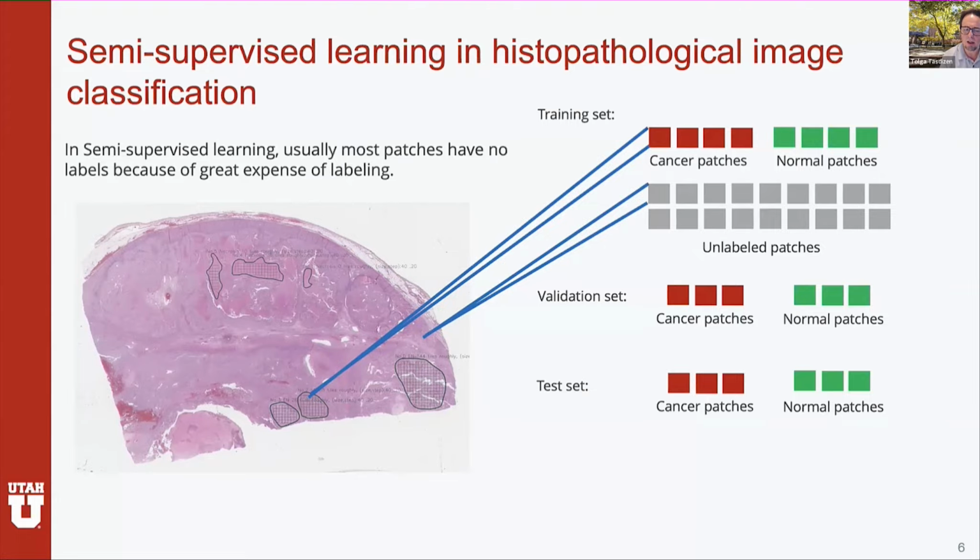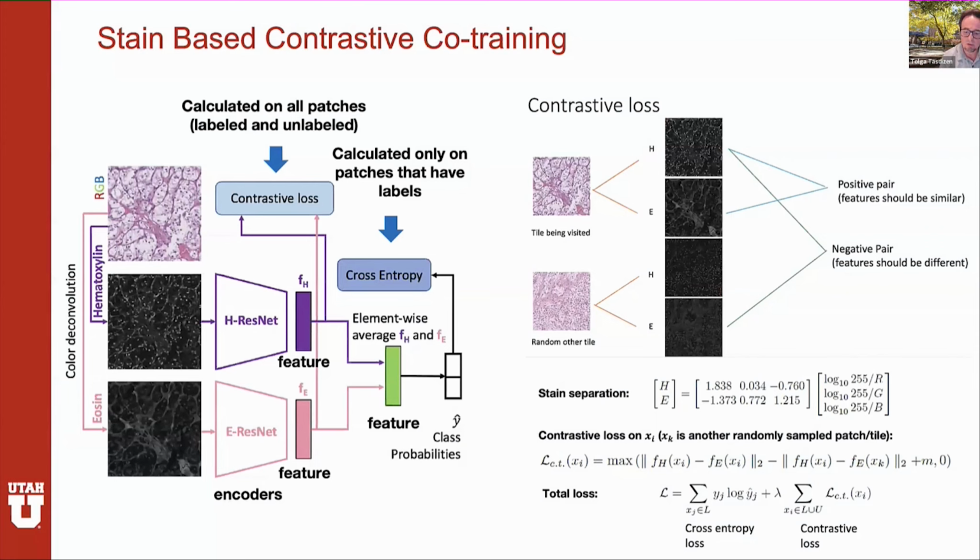So we have a lot of unlabeled data, a lot of unlabeled patches, and maybe some examples of, for instance, if the problem is cancer versus normal, some examples of cancer patches and some examples of normal patches. So of course, there are a lot of semi-supervised learning methods in the computer vision literature, but the question we wanted to ask is, can we build something that's specific to pathology that might leverage the particular properties of these images and outperform the more general methods?